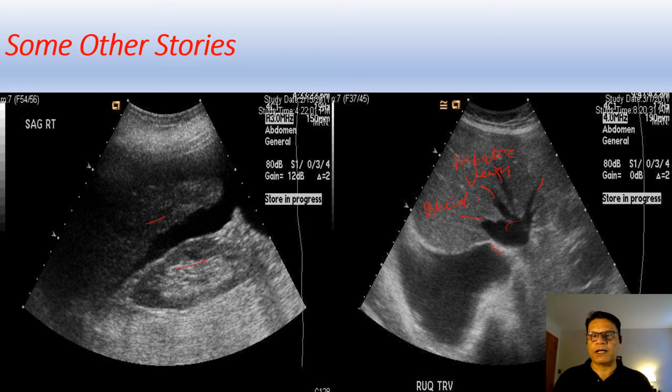So these black areas are blood. By the location and by knowing the anatomy, we can differentiate what kind of fluid it is. We will discuss in detail when we dive deep into ultrasonography.